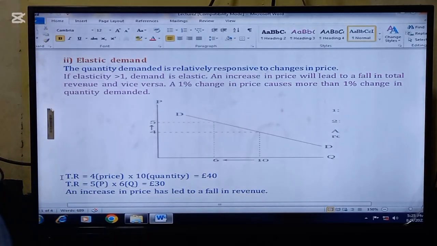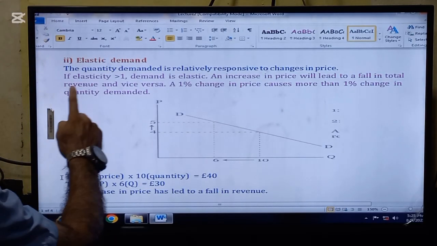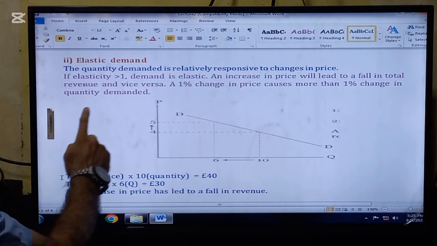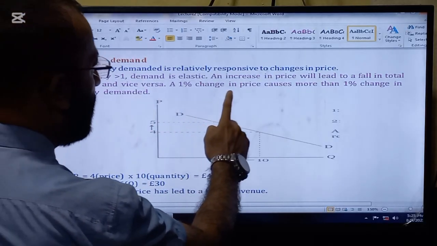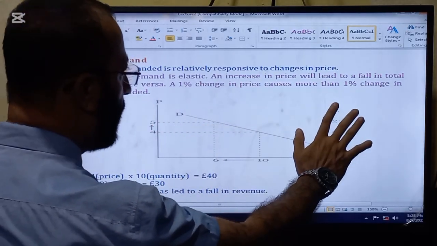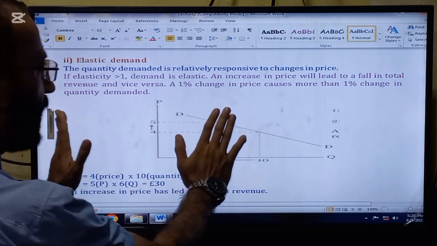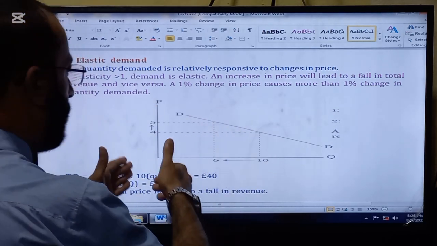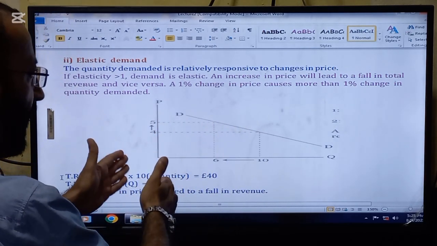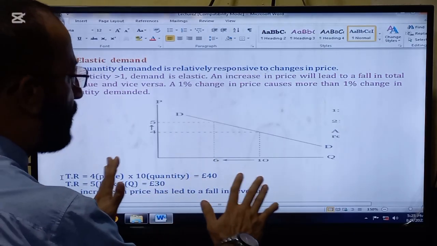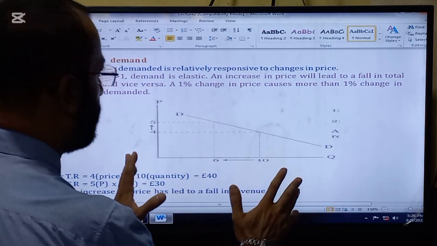The next case that we are going to read is elastic demand. The quantity demanded is relatively responsive to changes in price. So if there is a change in price, the quantity demanded will respond.